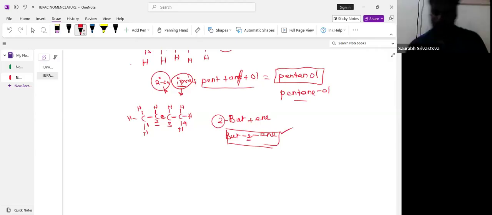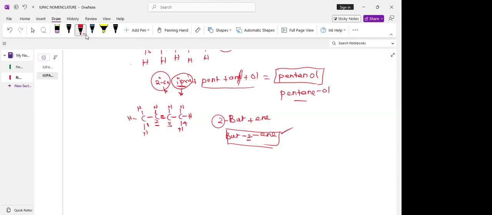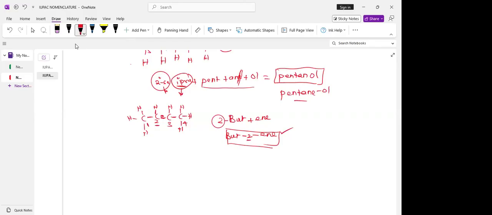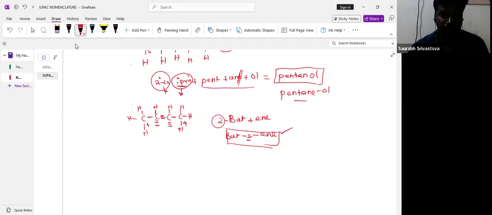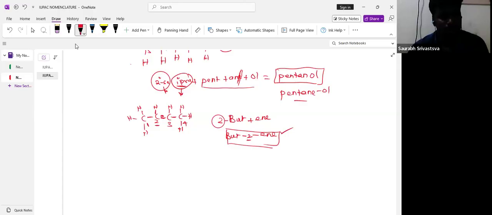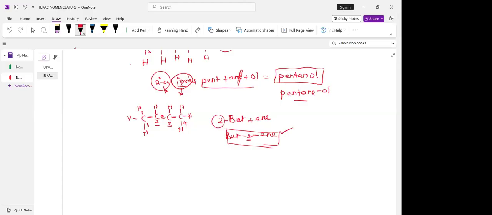Okay. Sir, a double bond is present in the third carbon also. Yes, so why shouldn't it be 3-ene, sir? No, actually the double bond will start, you are counting the number from here, no?